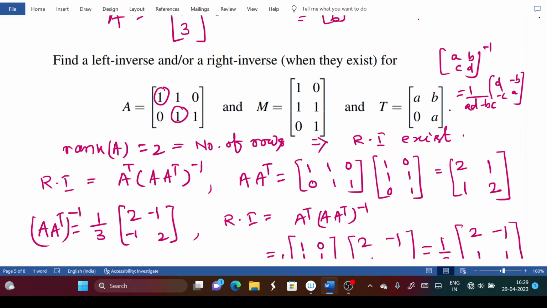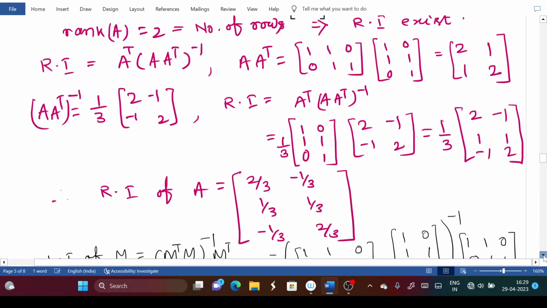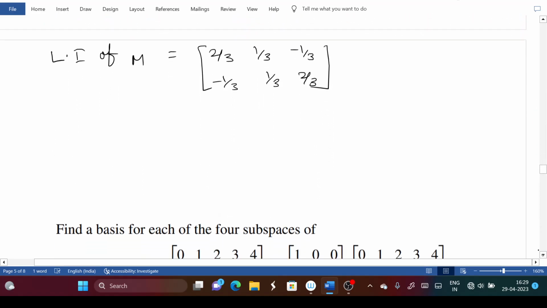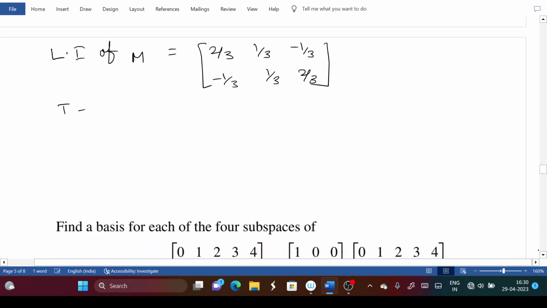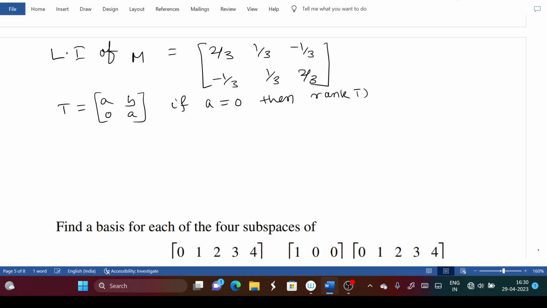Okay, next is T is equal to A, B, 0, A. So here, if A is equal to 0, then rank of T is equal to 1, which is not equal to number of rows, nor equal to number of columns.